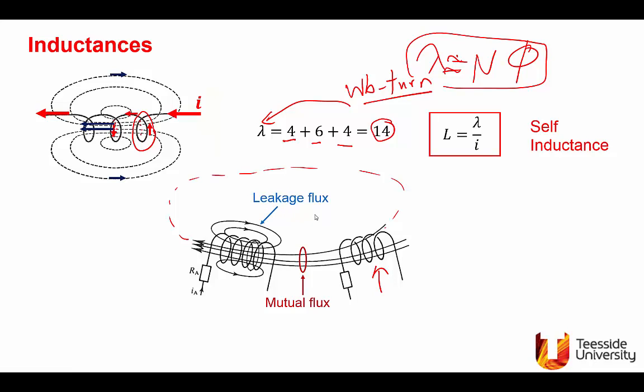You have to remember, to define leakage, you have to define a flux path. For example, if you have a pipe carrying water from A to B, any water that is leaked in a way that doesn't reach B is leakage water. If your aim here is to create flux in coil A that links coil B, any flux that doesn't link coil B is leakage. So leakage flux has to be defined on a circuit.